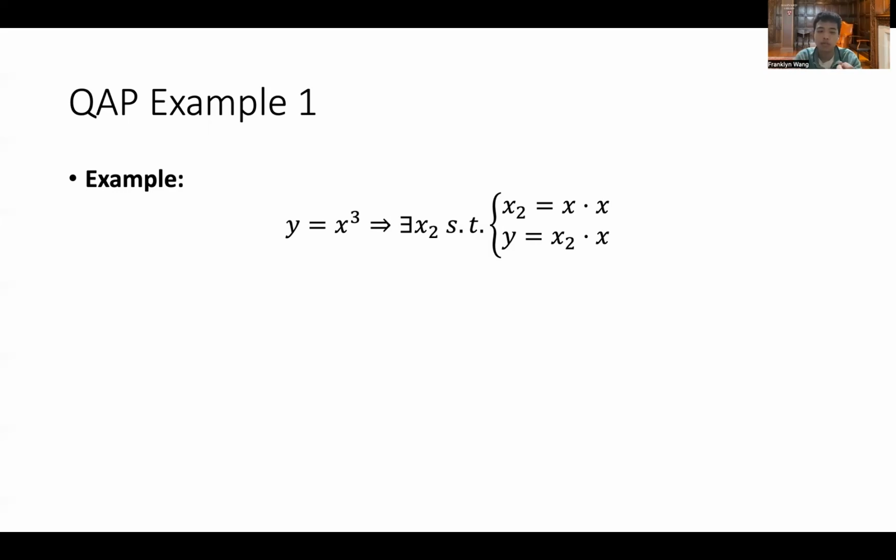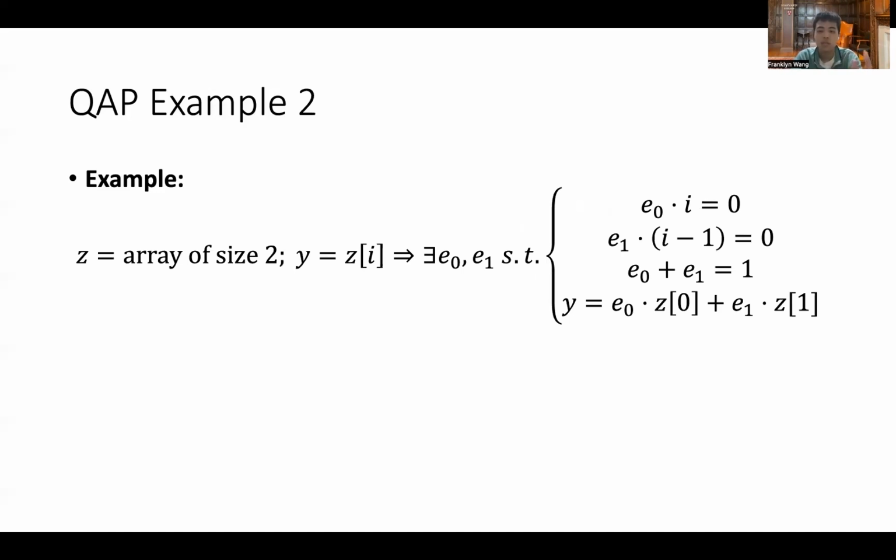So here we've shown that the classical function y equals x cubed is equivalent to the statement that there exists an x2, which is the witness here, so that x2 equals x times x and y equals x2 times x. So this is a relatively simple example of a QAP, but hopefully it shows that this form makes sense.